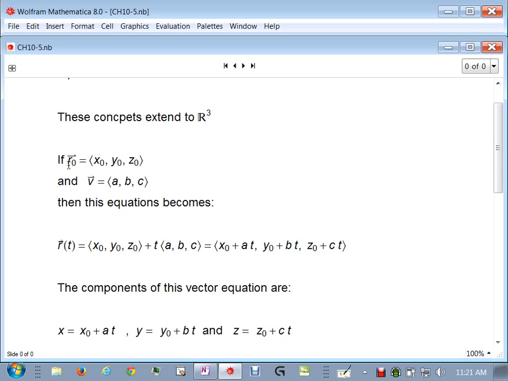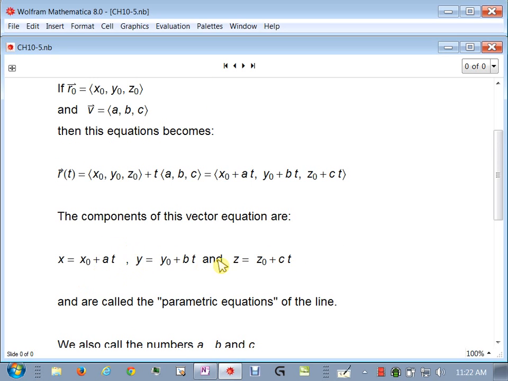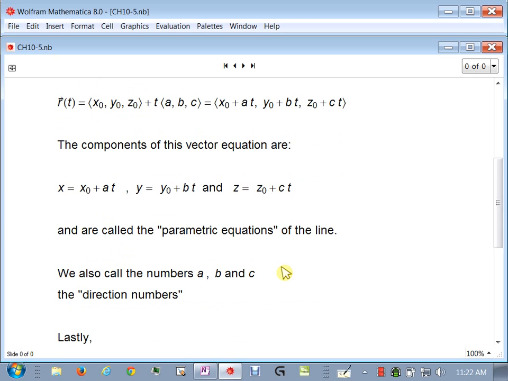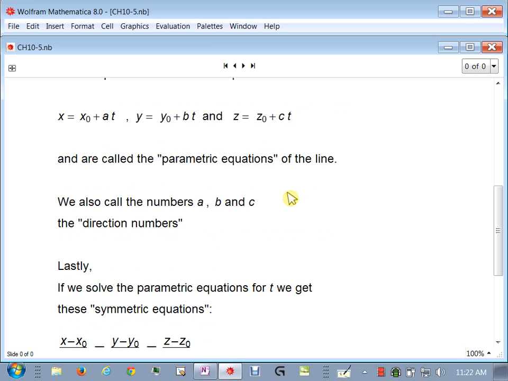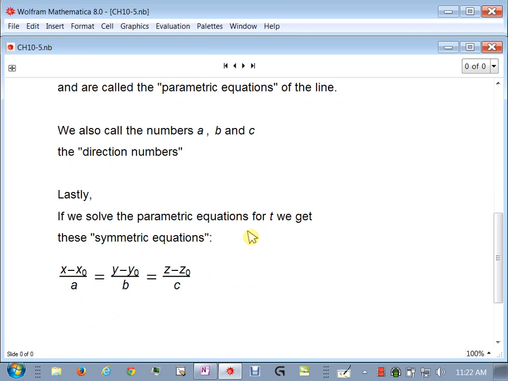Then distribute the t and collect it all together. And now we have how many parametric equations? Three, right? We have the three parametric equations. And we could solve each of them for t, couldn't we? And if we do that, you get three equations that you can set equal to each other. And these are called the symmetric equations for a line in three-dimensional space.